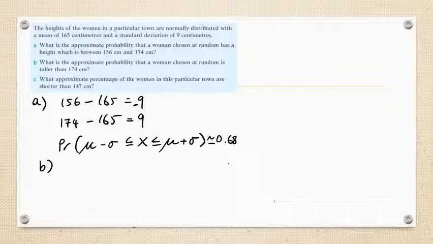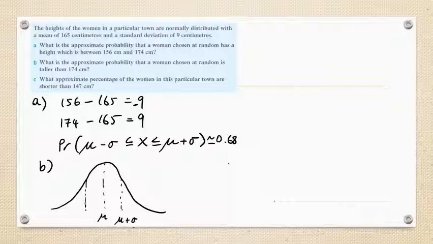All right, B. What is the approximate probability that a woman chosen at random is taller than 174? Now, 174, if you remember, on our bell curve, we have the mean here. We have the mean plus one standard deviation to here.